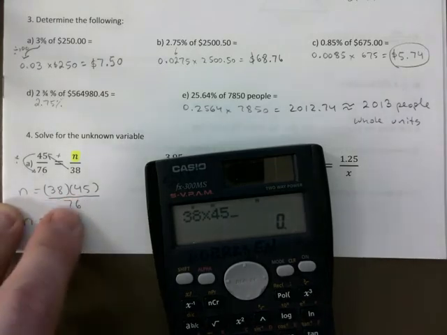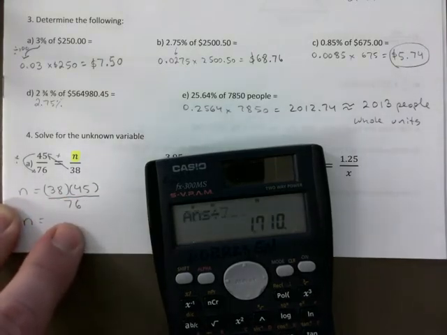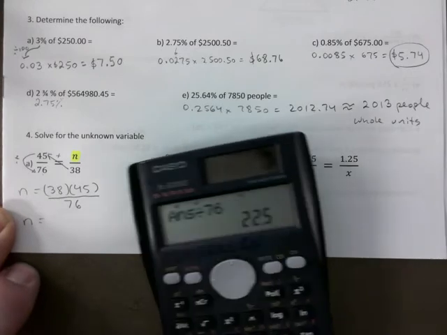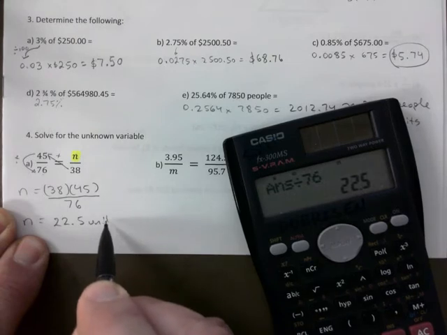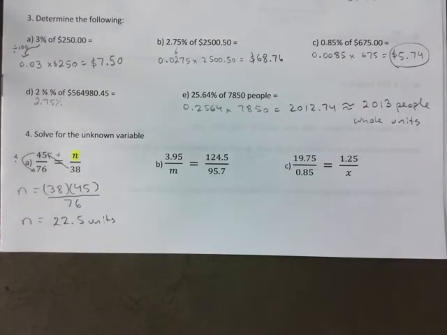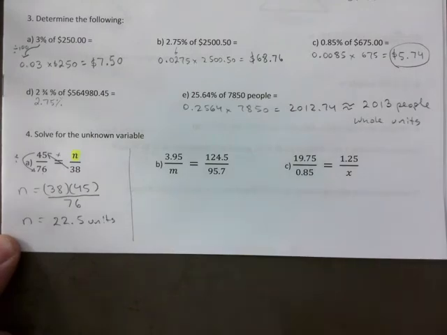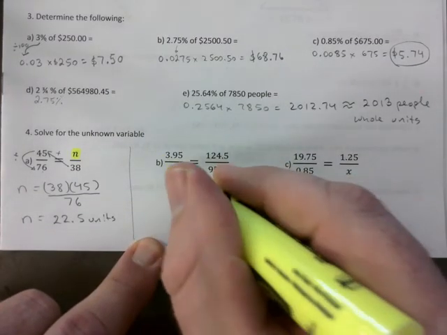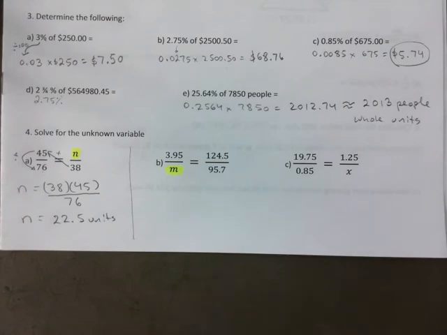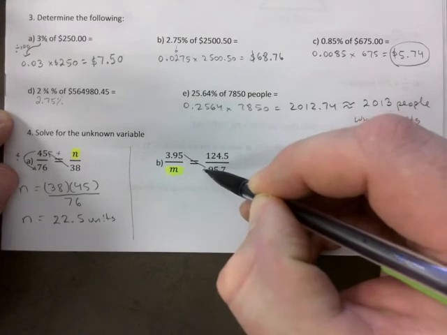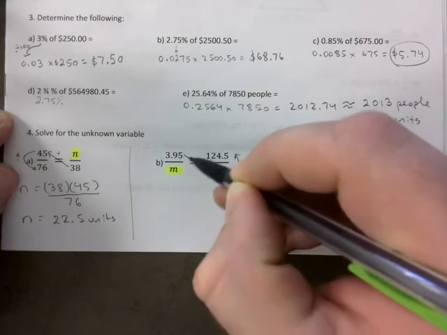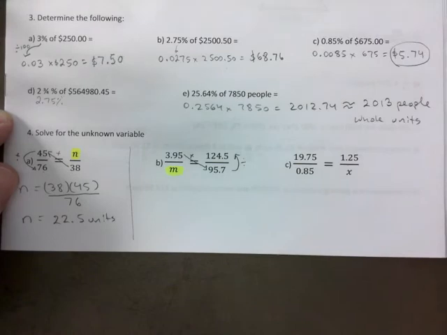So I go 38 times 45 equals, divided by 76, 22.5 exactly. We don't know what the units are, so if there are no units, just put down units, so you don't forget that there should be something there. Next, the variable is on the left side. So that's where your journey starts, on the left side, with that number. You got to cross multiply and then divide.